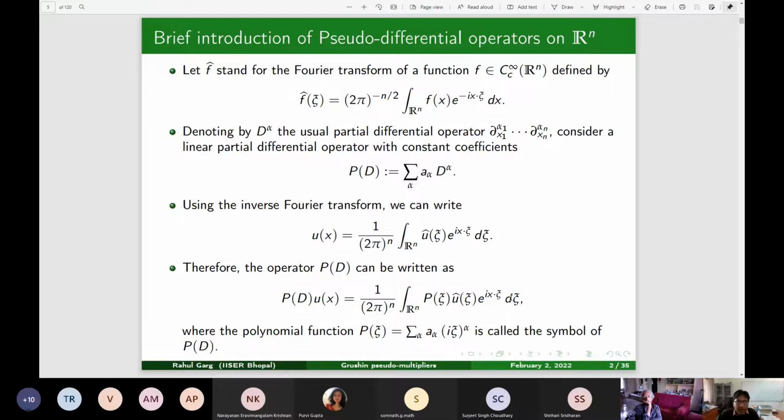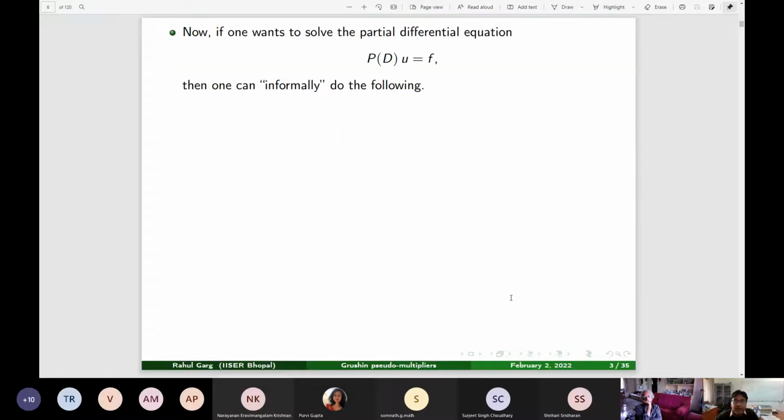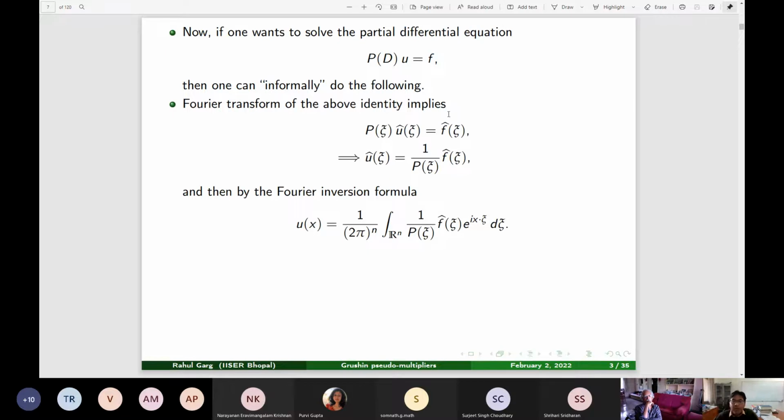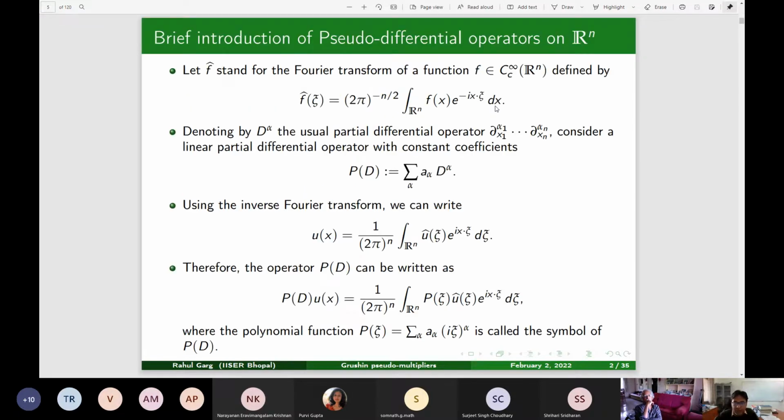All right. Now if I give you this partial differential equation and ask, can we informally at least solve it? If I give you the data f and look for the solution u, then in the previous slide, if I take the Fourier transform of P(D)u, that would basically give me P(xi) times u hat(xi).